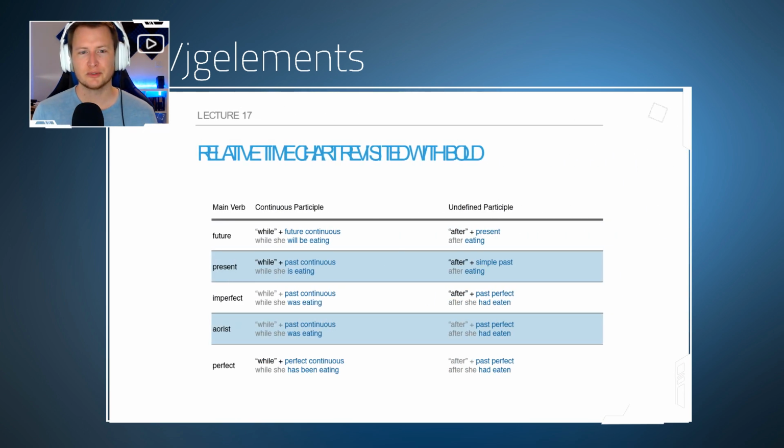So here's the relative time chart. Remember, the blue is what the adjectival follows. The blue text. Okay? The adverbial follows all aspects. Black and blue. Okay?